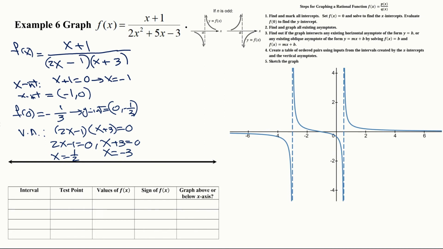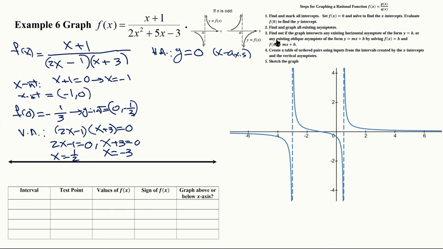All right, so we have our vertical asymptotes, which we drew, and the horizontal asymptote we already said is y equals 0. Okay, so the x-axis itself. Remember, y equals 0 is just another way of expressing what the x-axis is.